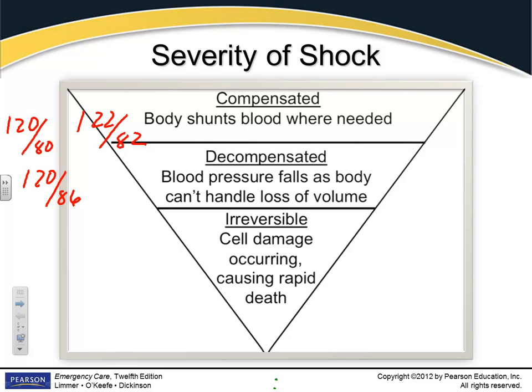It doesn't really change much because he's tachycardic, probably, might have a pulse of 118. And that's what it takes to keep a good blood pressure.